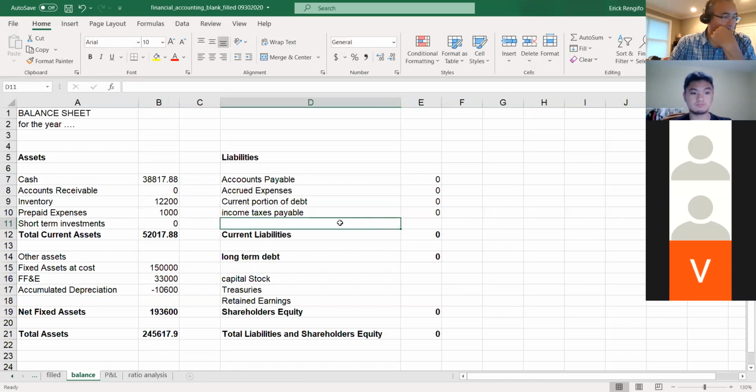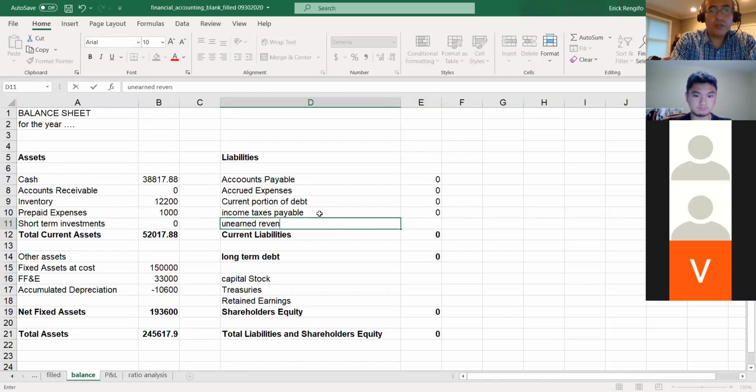However, what I have is unearned revenues. Agree with me?